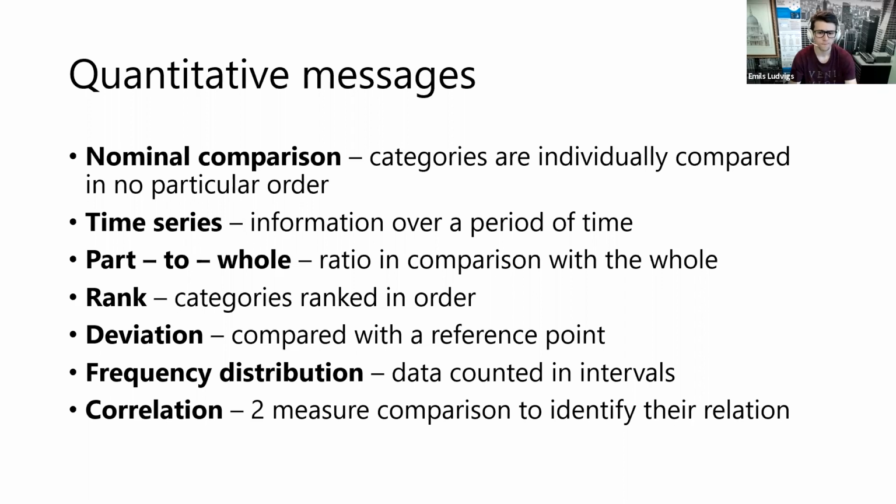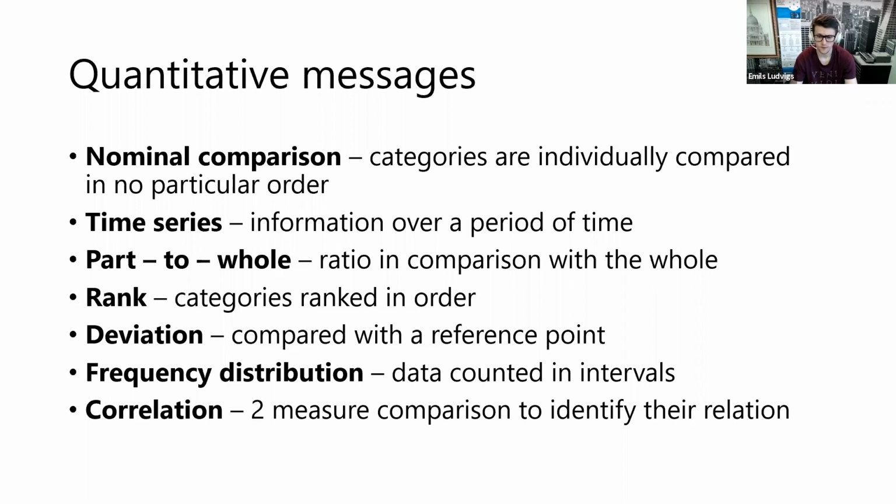Then deviation. We have some kind of zero value point, and from it we see how sales or the temperature outside in the cities are deviating. And for frequency, we usually show the data in histograms. It's not a standard visual in Power BI; you need to import it from the store.